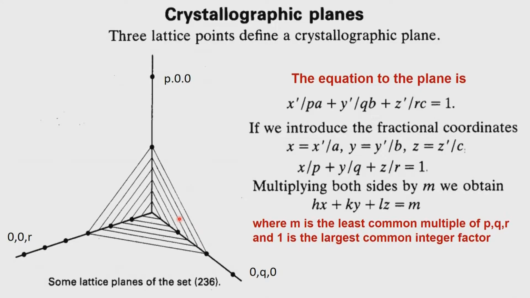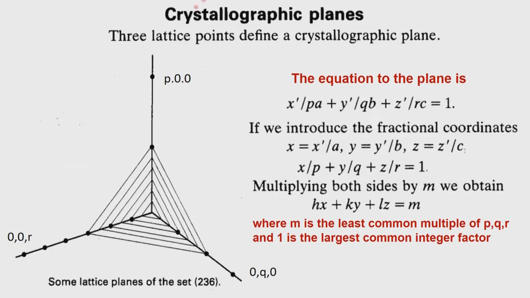Now, we have to develop an equation for this plane. The equation to any plane is the value of x in that direction over the total length A. So, suppose we have a unit cell A, B, C, then along A we can have x prime by A, the fraction, for example, if we take this as P, then the fraction is x prime by P. If the value of the unit cell is A, we restrict the direction to stop at the point A, because it repeats again because of the periodicity.